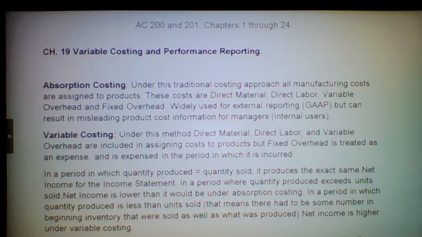We're going to conclude today's work with an overview of Chapter 19, Variable Costing and Performance Reporting. If you'll remember, way back in Chapter 14, we talked about the difference between financial accounting and management accounting. Financial accounting is bound by the constraints of GAAP, generally accepted accounting principles.